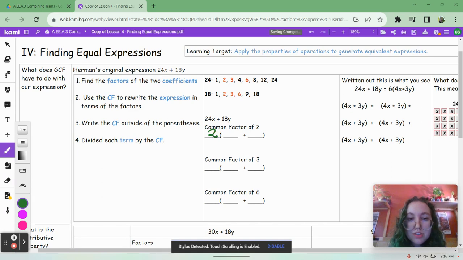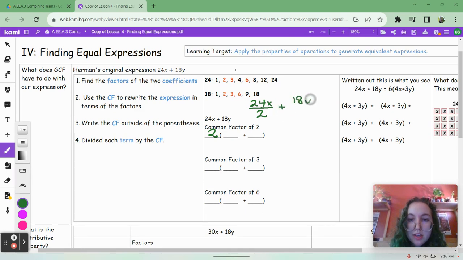When I take out a factor of 2, what that means is I'm dividing 24x by 2, and I'm dividing 18y by 2. Dividing 24 by 2, I get 12x. I divide 18 by 2, I get 9y.